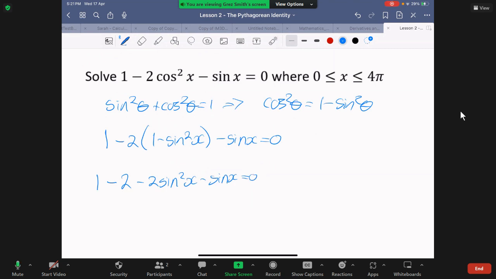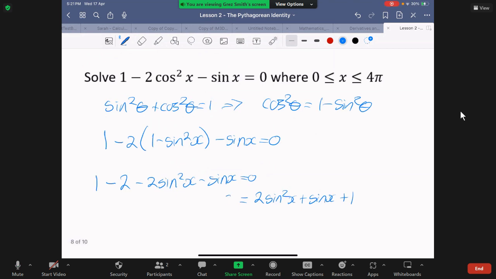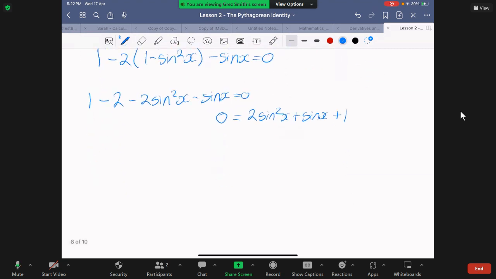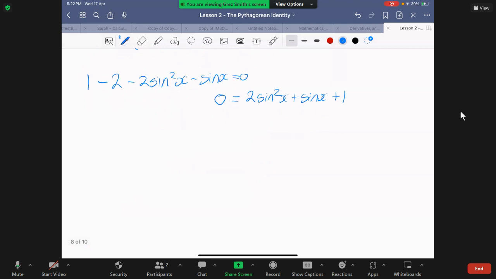Let's bring that over to the other side. I've got 2 sine squared x plus sine x. On the left-hand side, I'd have minus 1, so that's going to be plus 1 here. Everything's negative, I don't like that, so we move over there. Then I'm going to factor. You've got two techniques for factoring an equation like this. You can just factor it straight off.